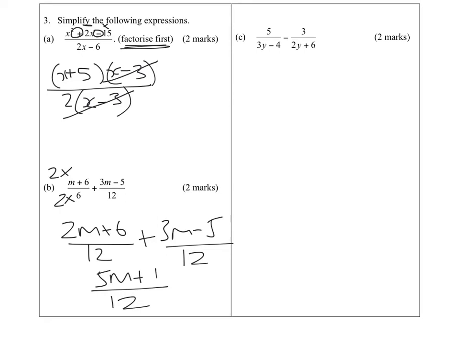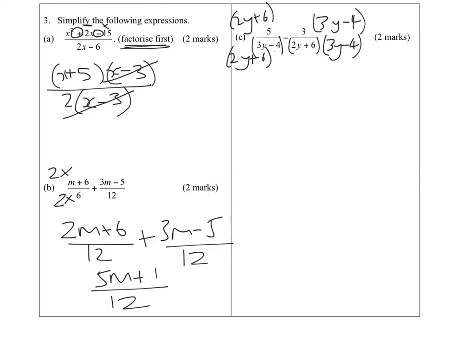C. Now, there's no way you can change this to this. So therefore, we just have to cross multiply, as in multiply both denominators by each other. So I'm going to put these both in brackets. So the first needs a 2y plus 6. What you do to the bottom, do to the top. This second one needs a 3y minus 4.